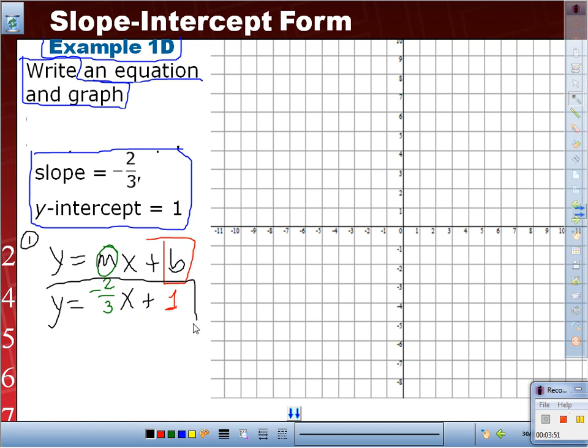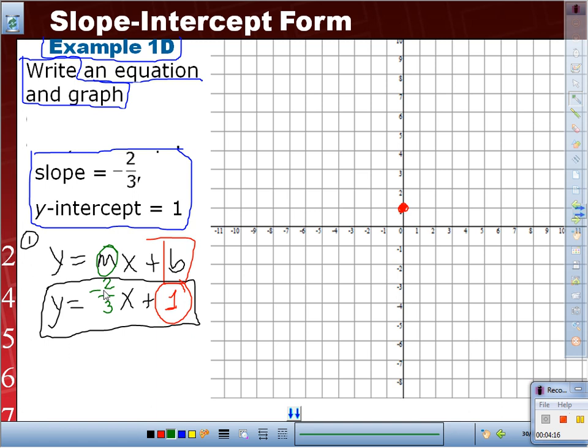Hands up if you got that by yourself. Okay, good. And let's graph this because it says write and graph an equation. So now we have our equation. Let's graph it. Where do we start, everyone? We start at 1. 1 of what? Y. Because some of you go to the x. So we start at 1 of y, which is right there. And then we're going to use rise over run to plot points, yes?